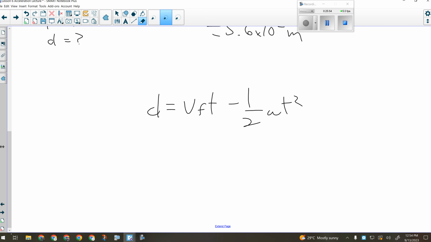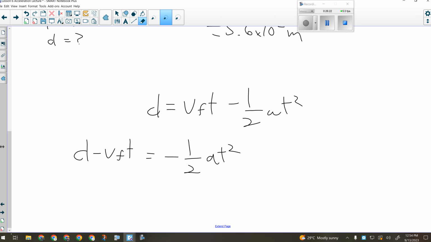If I wanted to solve for a, what do I do? Minus Vf t. Yep, I can subtract the Vf t, I can go d minus Vf times t. I just have to remember that that leaves me with negative 1/2 at squared. If I want a by itself, what do I do with the half and the t?